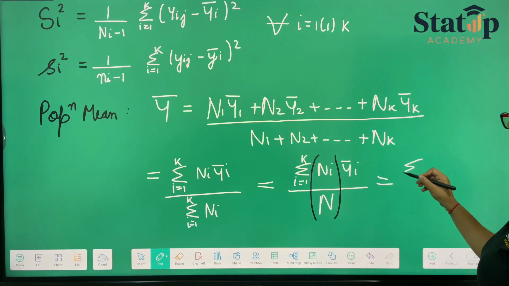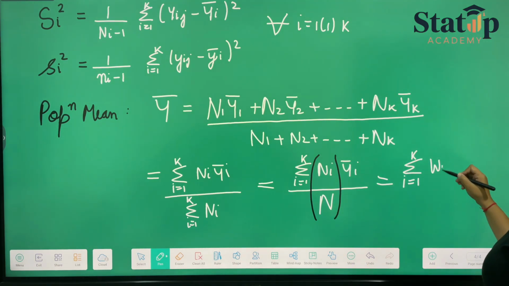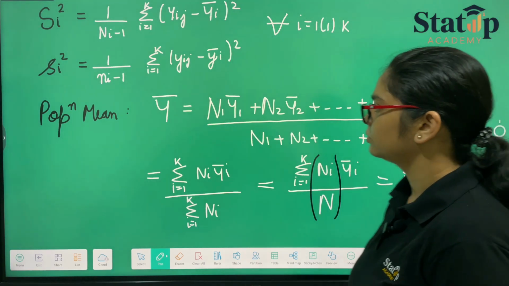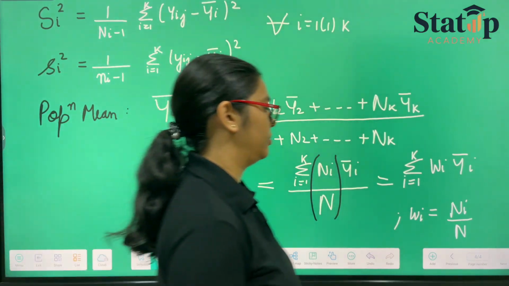So we are left with summation i goes from 1 to k Wi Y bar I, where Wi is nothing but Ni upon N. So this is the formula for population mean in stratified random sampling.